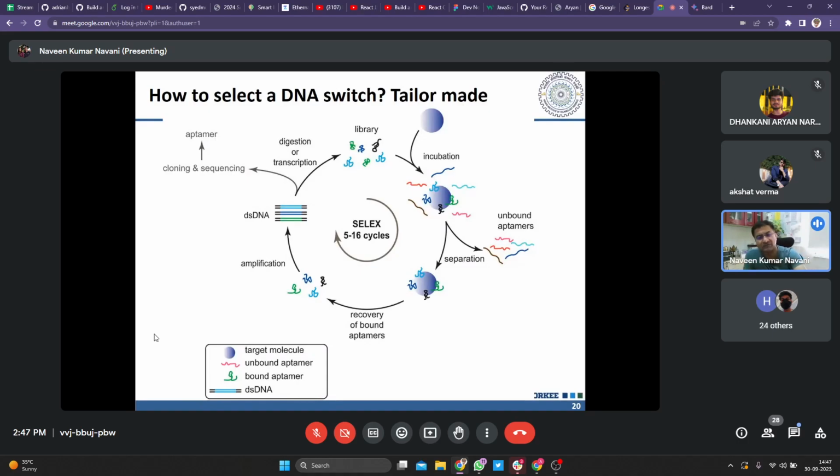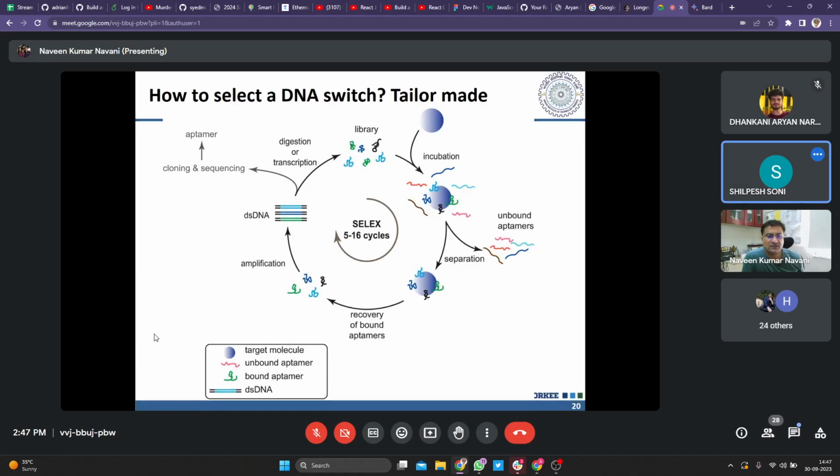Now you have to find a way of separating it. Silpesh, are you there? Yes, sir. Silpesh, tell me the next step. You have mixed your target with random sequences of DNA. Now what is the next step? So now the selected will bind with the target and the left out will get separated.